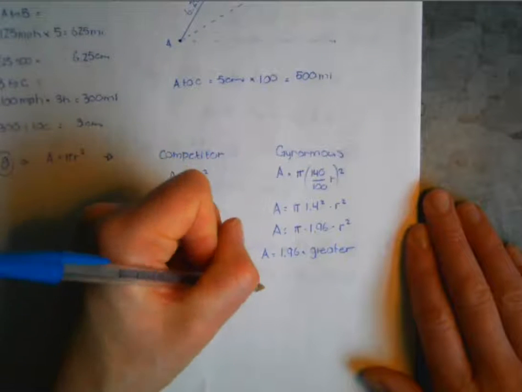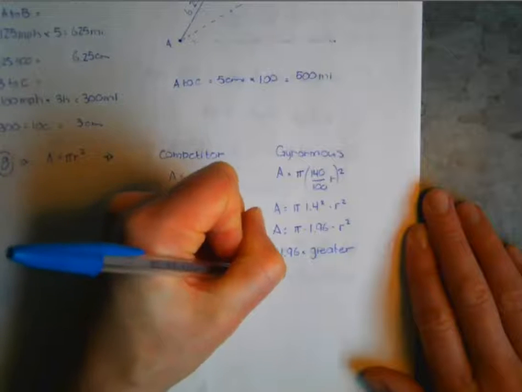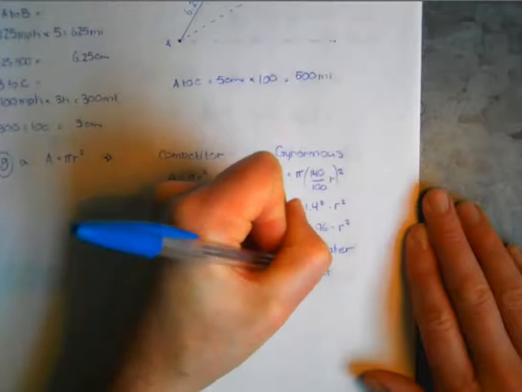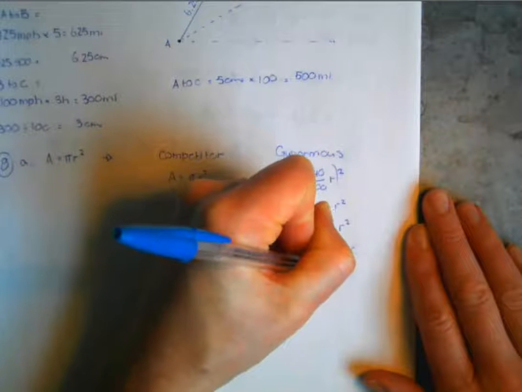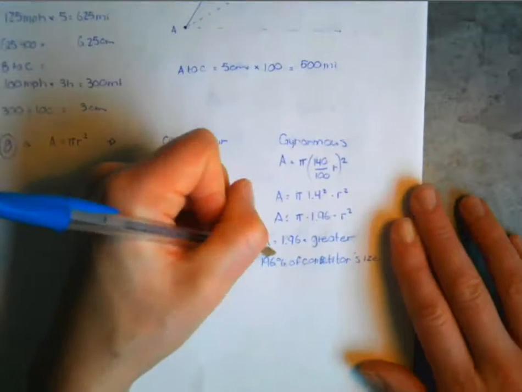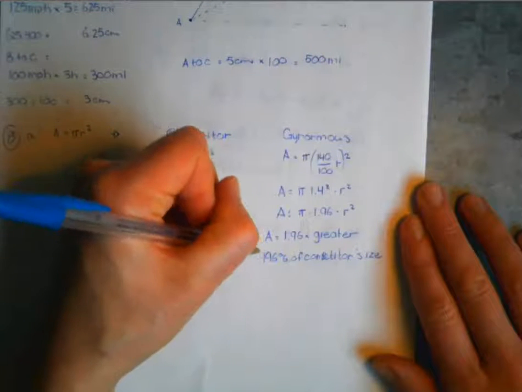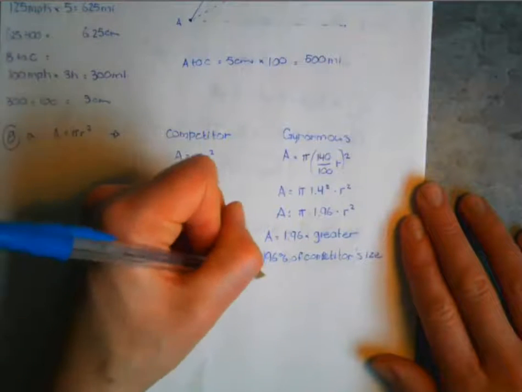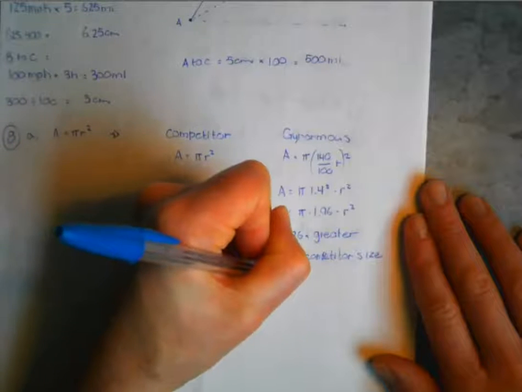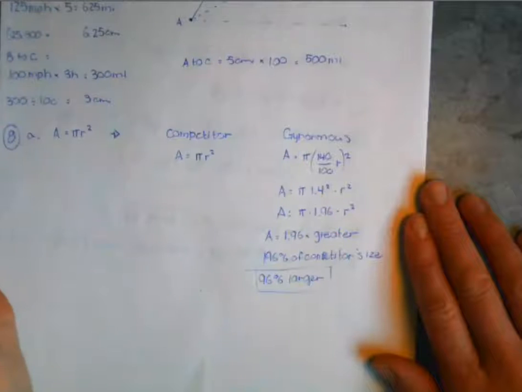So what we're ending up with here is 196% of the competitor's size. And so what does that actually mean? If it's 196%, what's the percent increase? Well, 100% is where it's exactly the same. So the actual increase was 96% larger than the competitor. Okay.